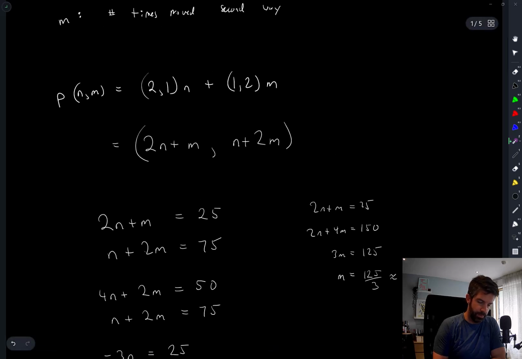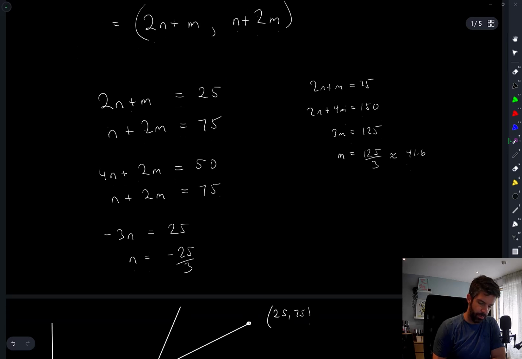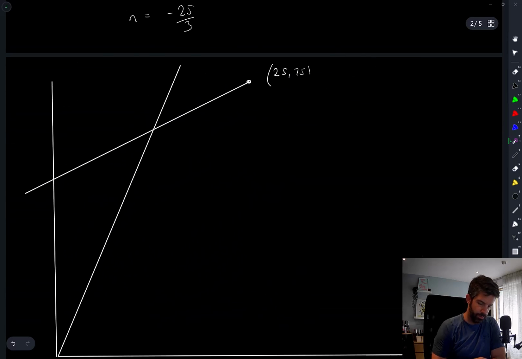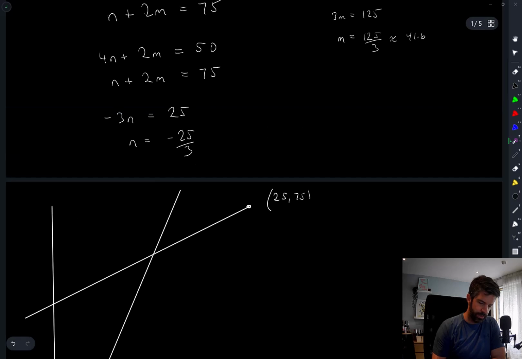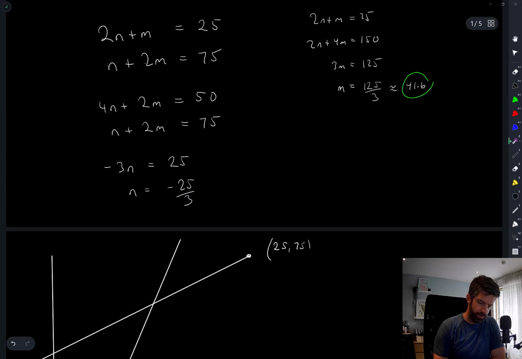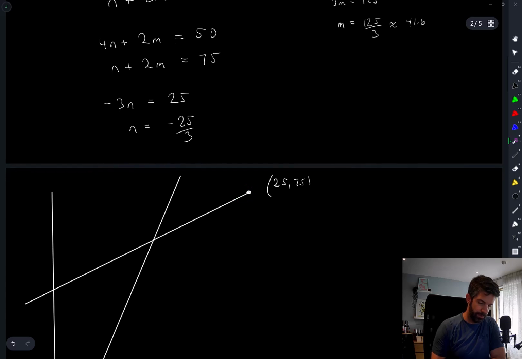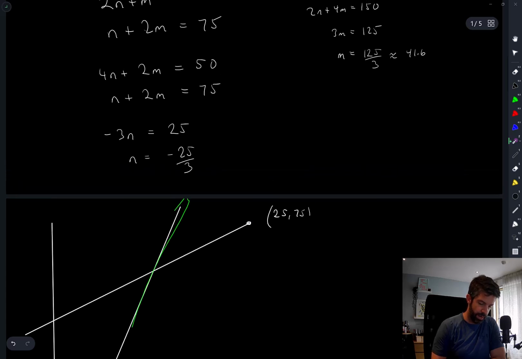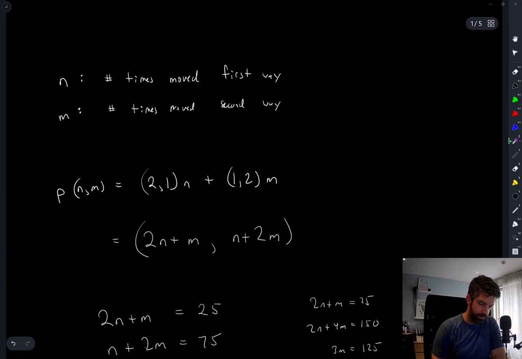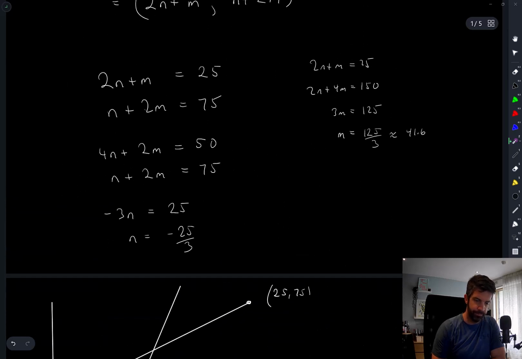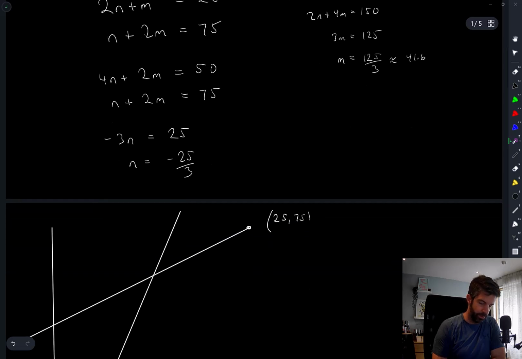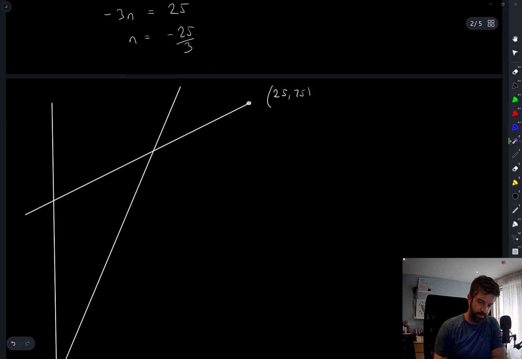Wait, m goes up more. I don't see how 41.6 and negative 25 over 3 could get you to this point, right? 41 over 6 takes you way up that way, the m direction. And then you'd be moving in that direction. What did I do wrong?